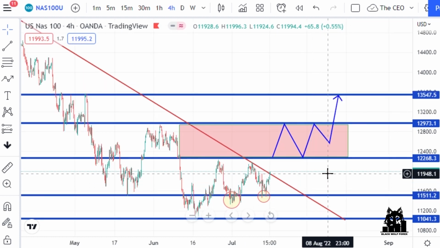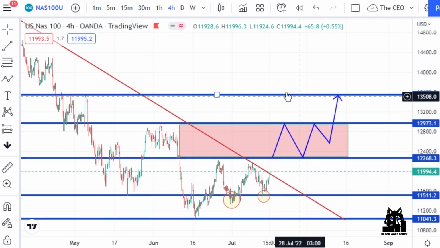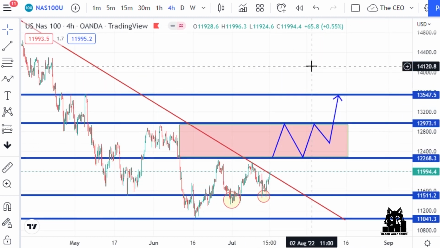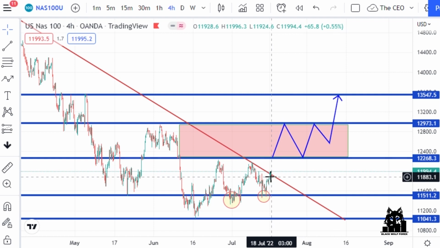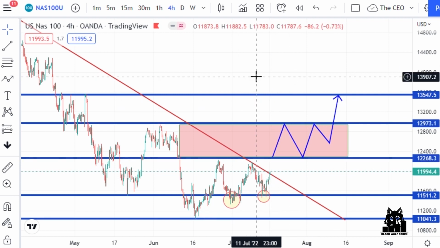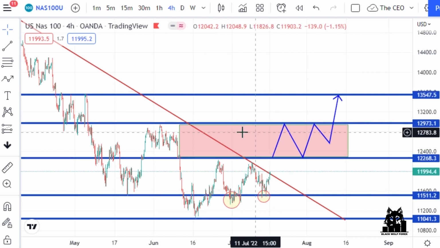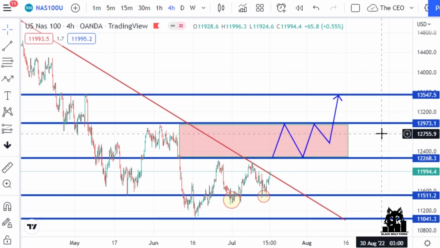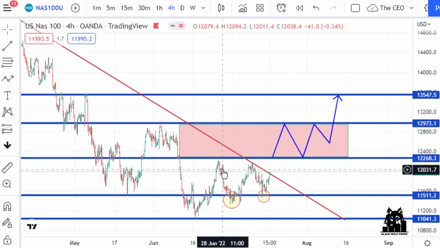So our mission is to hit 13,500, but from where it is now, 11,994.4, it's not just going to immediately shoot up to 13,500. No, it has to enter the zone, 12,400 to 12,900.